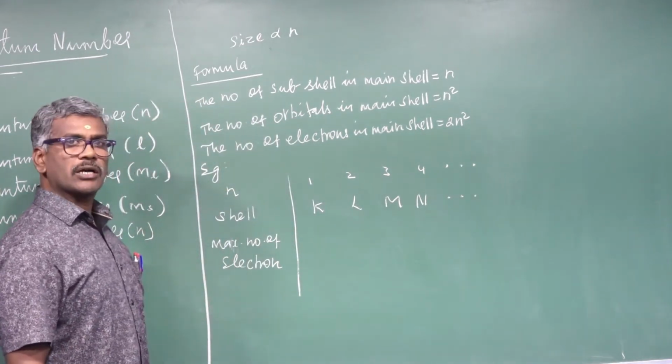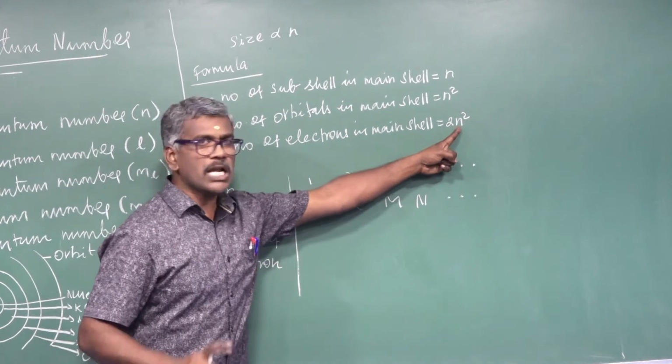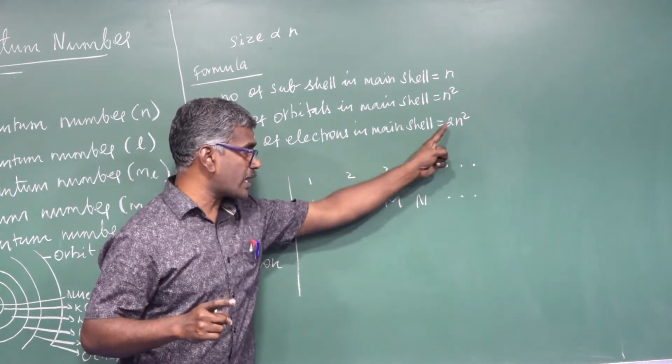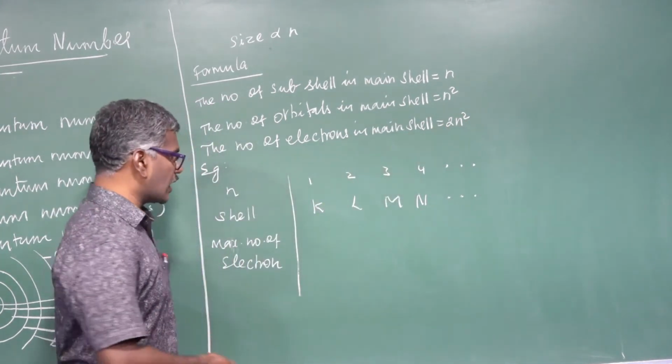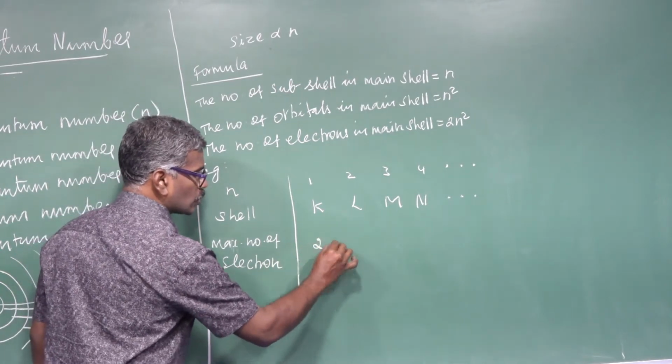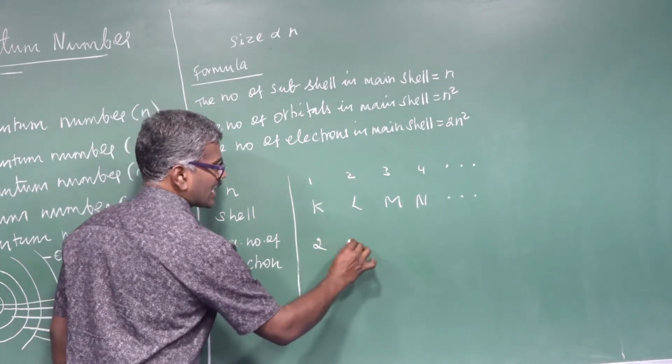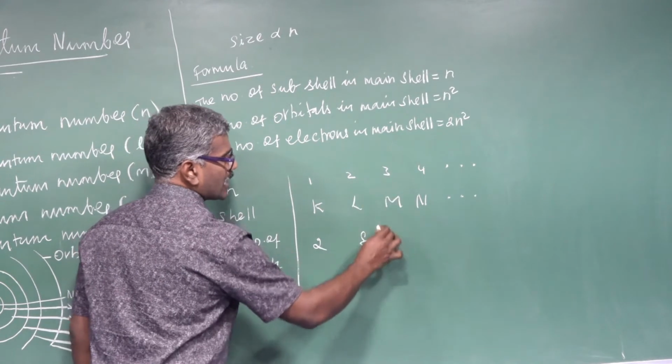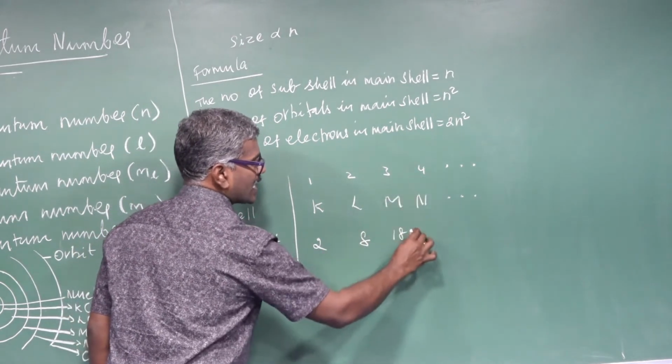Maximum number of electrons: if n value is 1, it is 2 times 1 square, which is 2. So maximum number of electrons in the K shell is 2. Likewise L shell 8, M shell 18, N shell 32.